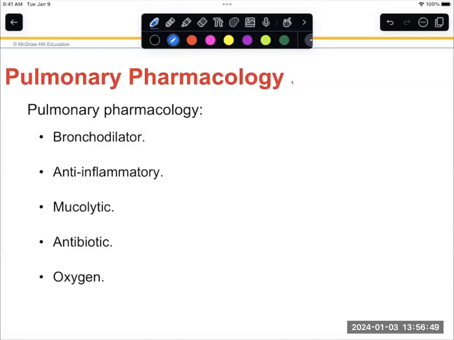And then there's antibiotics that can be used for infections, bacterial infections specifically, because that bio is for bacterial. They only work on bacterial infections, not viral. Oxygen can be used for somebody with hypoxia to help increase that blood oxygen level in patients with that severe COPD.